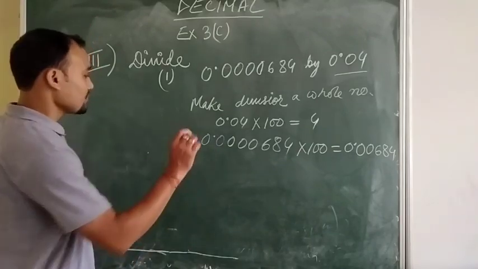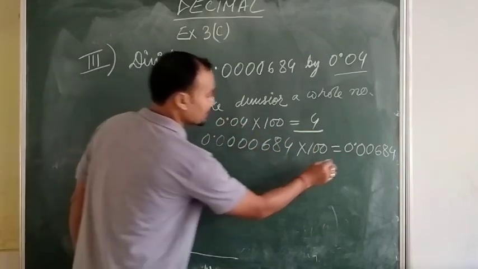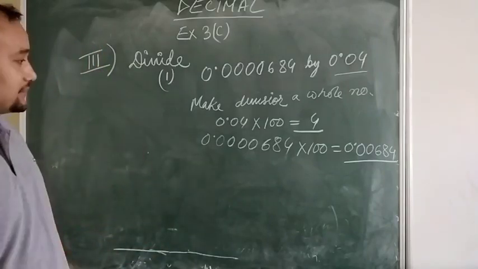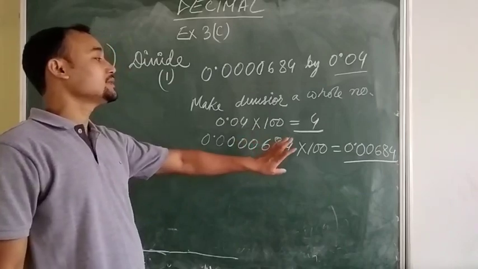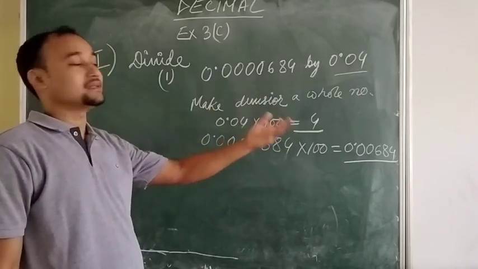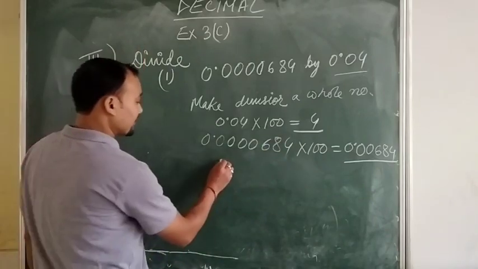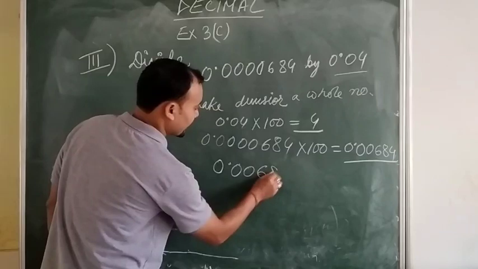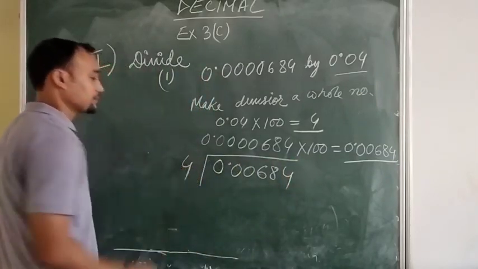Now see, our new terms are 4 and 0.00684. Now let's divide. In the last class I showed you how we can divide directly without using the decimal and modify the answer. We need to divide 0.00684 by 4.